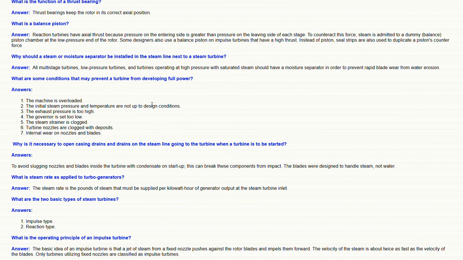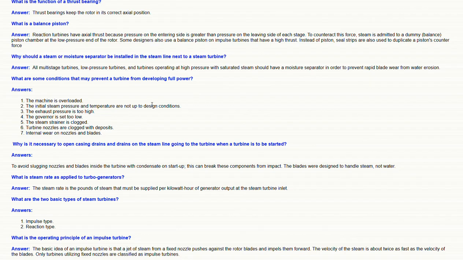Like my turbine is working at 8 kg per centimeter square pressure. If this pressure drops or is high, then there is surety that the turbine is not performing at full power. So we have to make a set pressure which is given by the designer manufacturer.